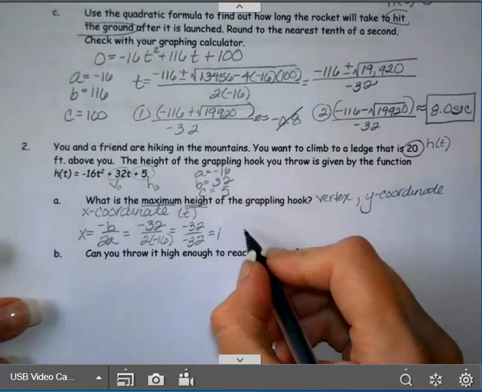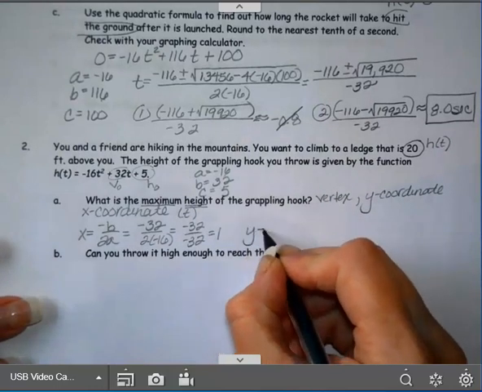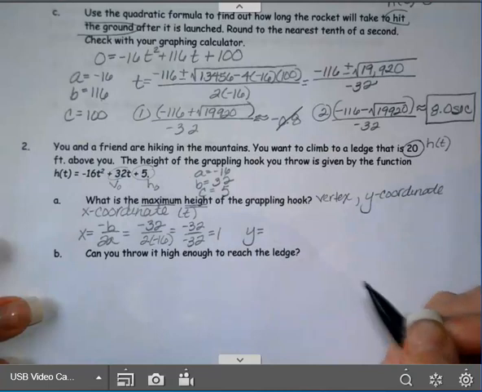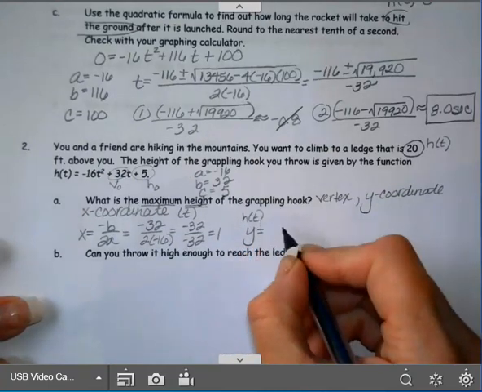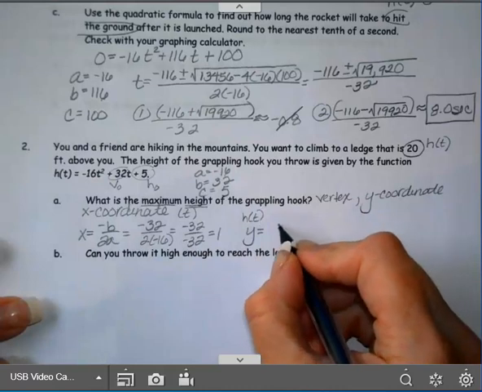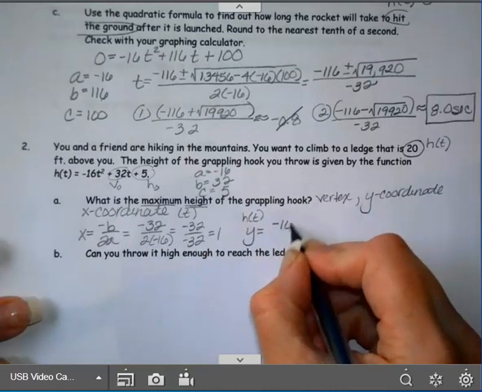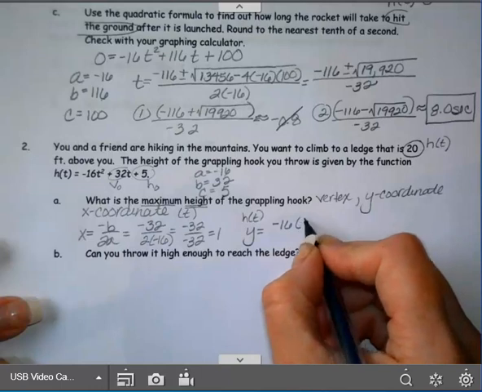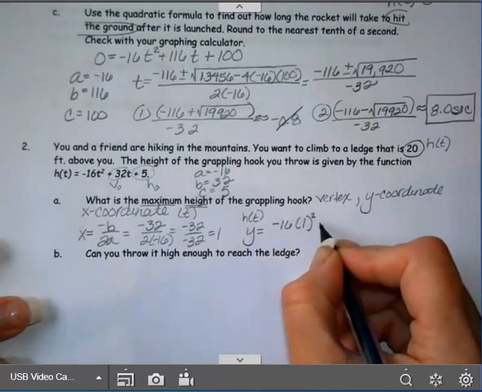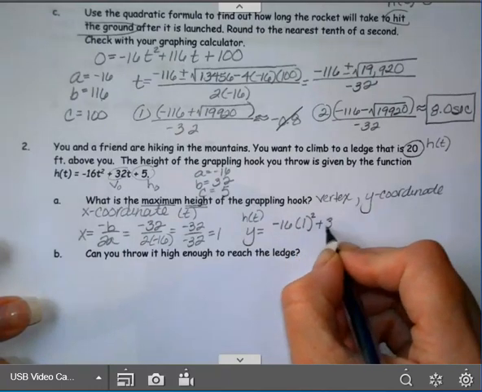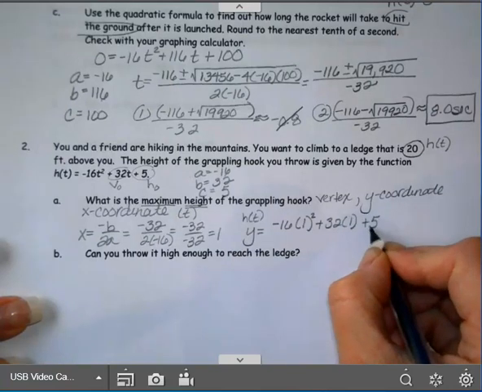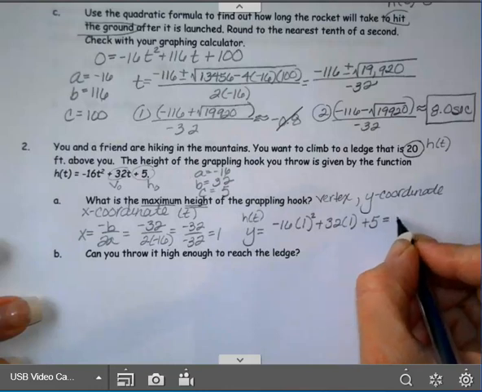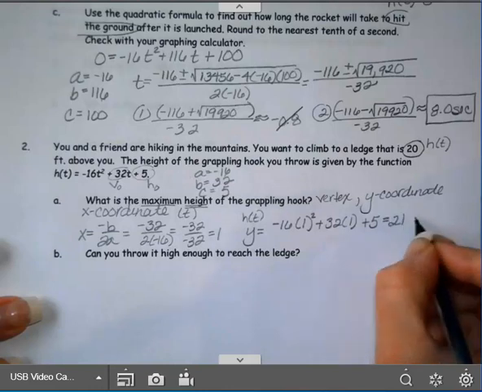To find the y-coordinate, you need to plug in x as 1. So, and this is our h of t, our height. And so that's going to be negative 16 times our time, which we just found, which is 1 squared, plus 32 times 1, plus 5. And that gives us 21, and this is in feet.